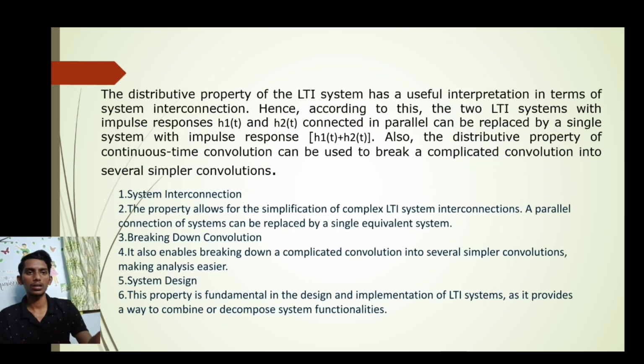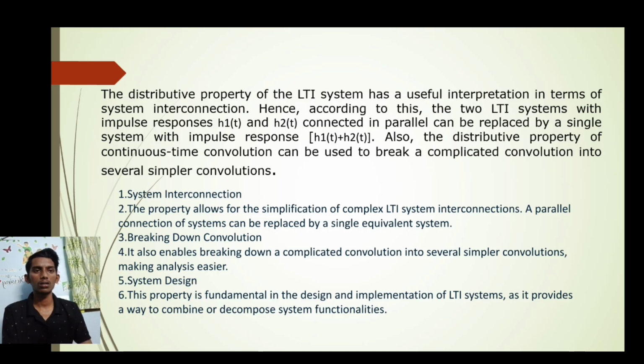The distributive property of linear time invariant system has an interpretation in terms of system interconnection. According to this, two LTI systems with impulse responses h1 of t and h2 of t connected in parallel can be replaced by a single system with impulse response h1 of t plus h2 of t.